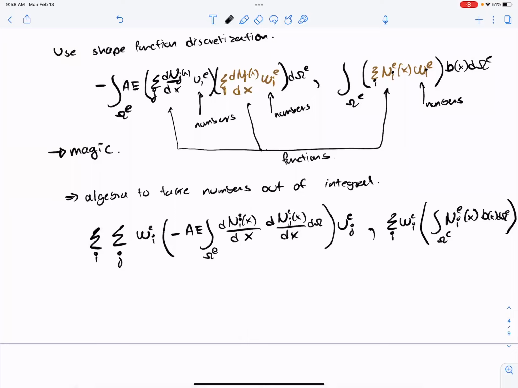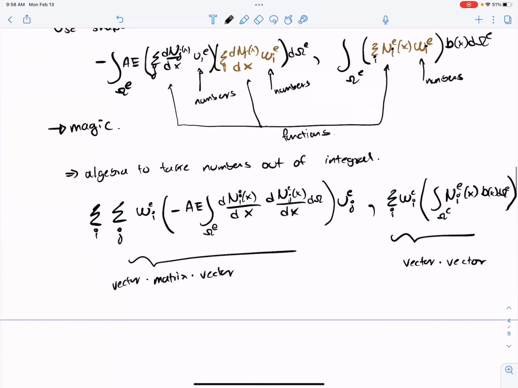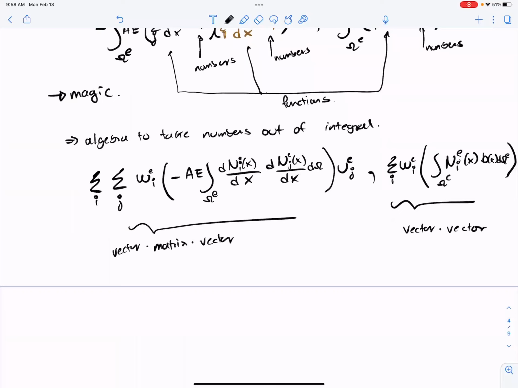So this hides basically a vector matrix vector multiplication, and this hides a vector vector multiplication, a dot product basically. So I can rearrange things. Again, this is nothing more than rearranging things.